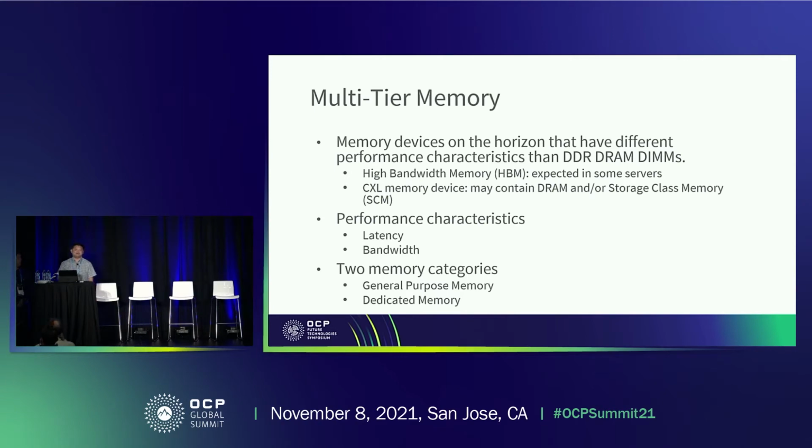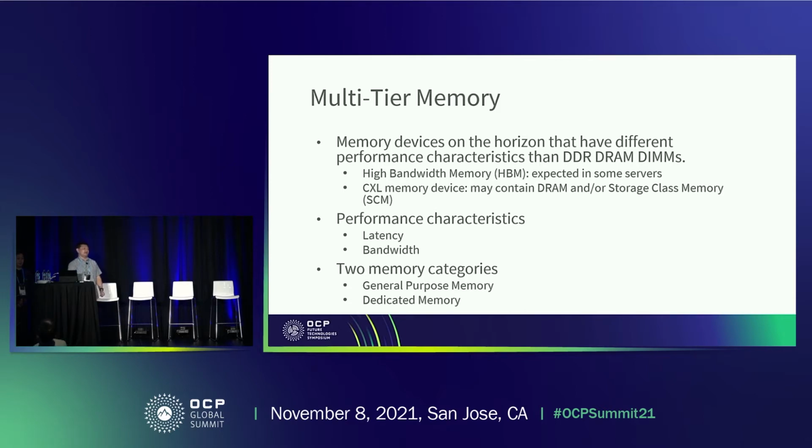So as multiple folks have already explained, if we look out into the future, we are going to see memory devices that are going to have a variety of different performance characteristics. It's coming soon. We have high bandwidth memory, which is expected very soon on servers.